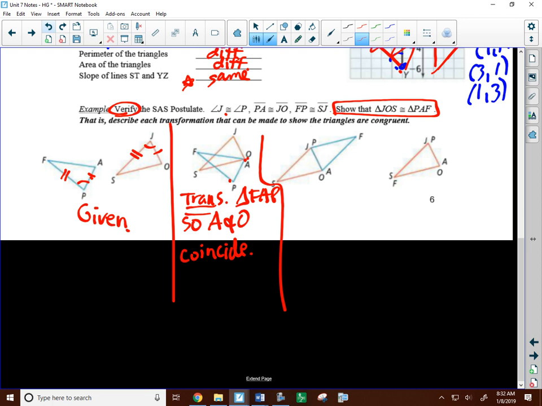Next, again, really the red triangle stays the same. What are we doing with the blue triangle to get it from there around to here? Translate, reflect, rotate? Yeah, rotate. So for this one, we're going to rotate triangle FAP.